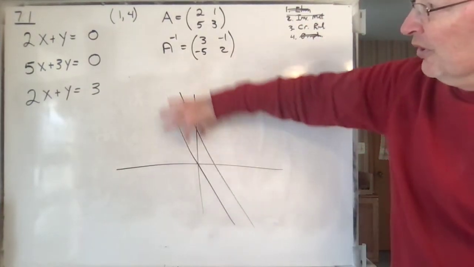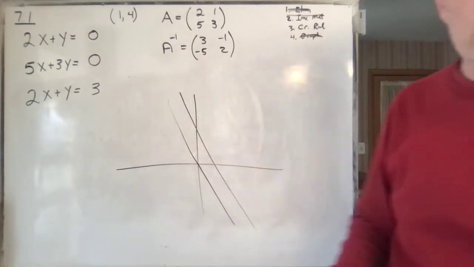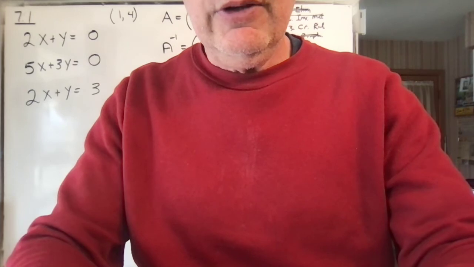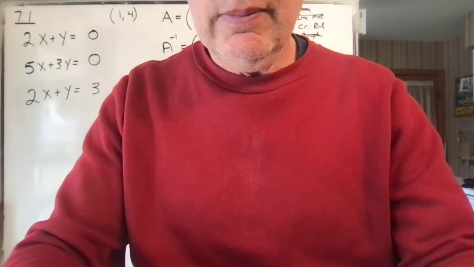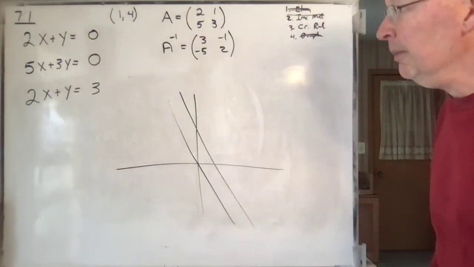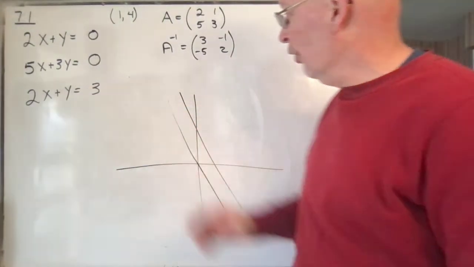They're parallel to each other. There's going to be no solution at all. Let me make sure that you're still with me. Okay, very good. Okay, so there's no solution at all.